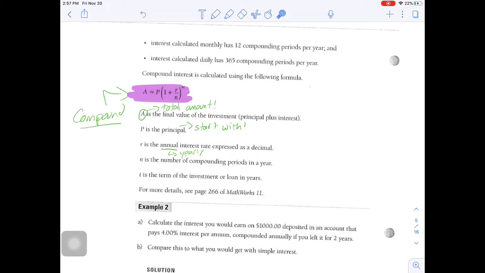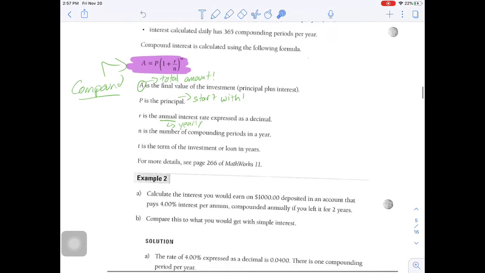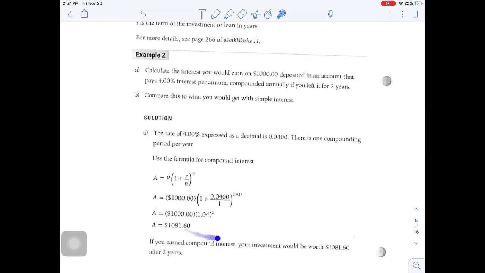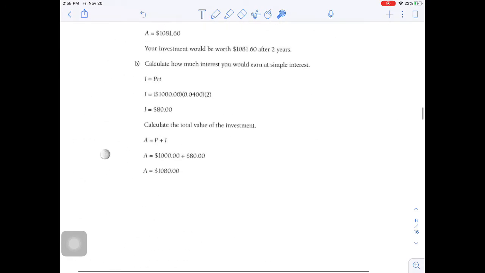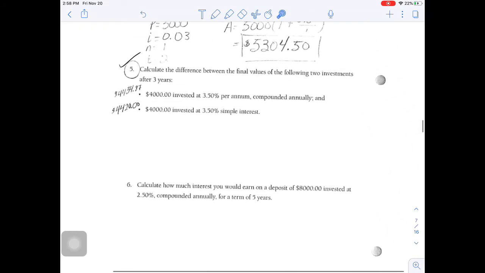We're going to get to that because sometimes you compound every 2 years, or you compound twice a year, so you don't get your investment at the end of the year, you get it every 6 months. We'll talk about that in a bit. And T is the term of the investment or loan in years. So this is the amount of time or term. You can see a worked example here if you would like to see some, but what I'm going to do is work on example 5 for you.